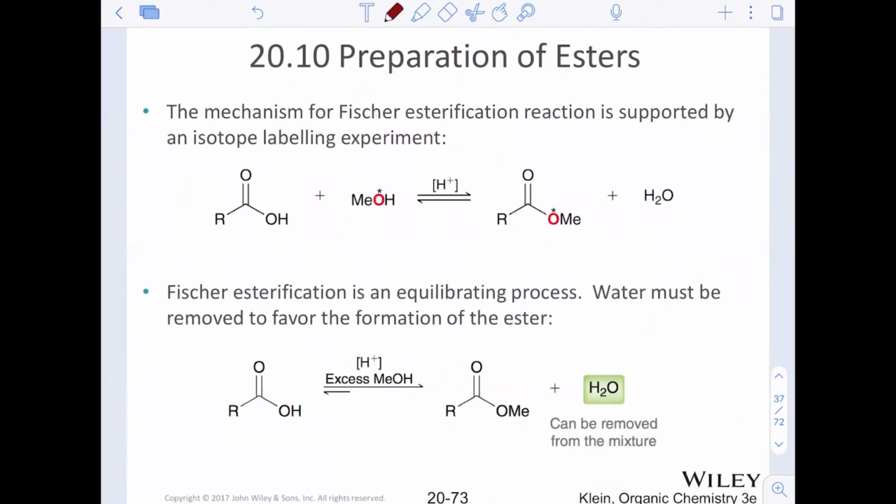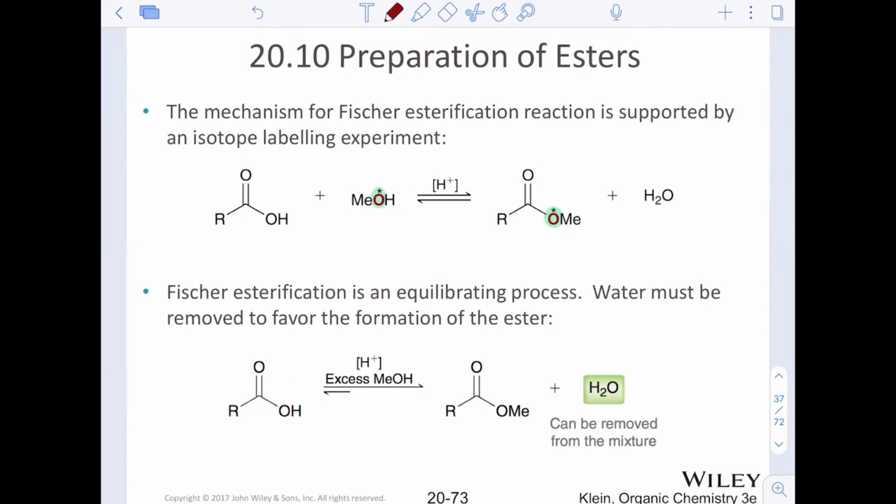The mechanism for Fischer esterification is supported by isotopic labeling. So there is a great way to understand why this mechanism works. It's because there is a radio label of the alcohol that can be done. That radio label of the alcohol oxygen is then found on the resulting ester. All right, so think about isotopic labeling as creating a little tag on our methanol reagent and then seeing at the end of the day, where did that little tag go?